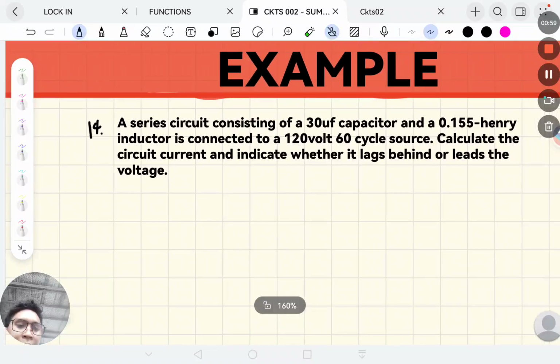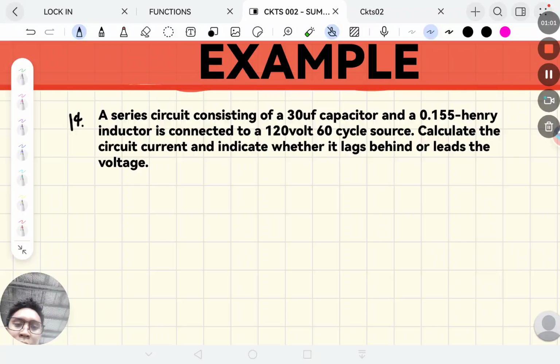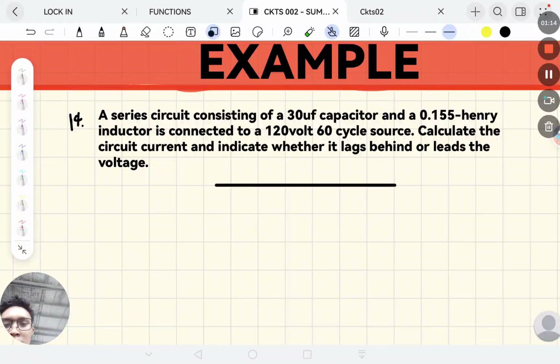So, first thing that we have to do, sabi sa problem, series circuit. So, draw muna natin, let's visualize the circuit.